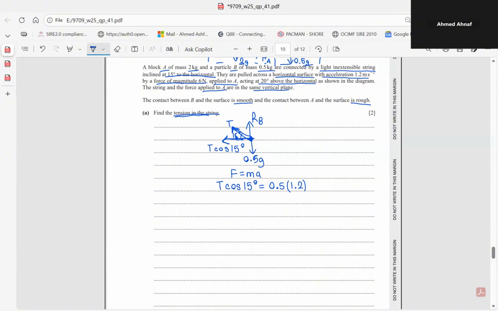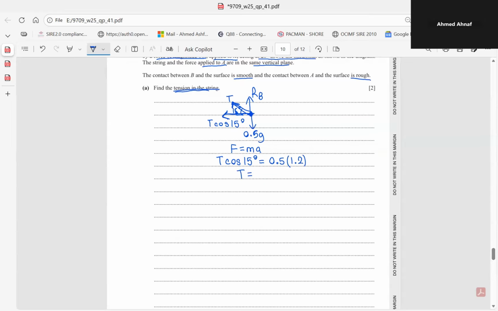And then T would just be 0.5 times 1.2, that's 0.6, divided by cosine 15 degrees. Just type it into your calculator.